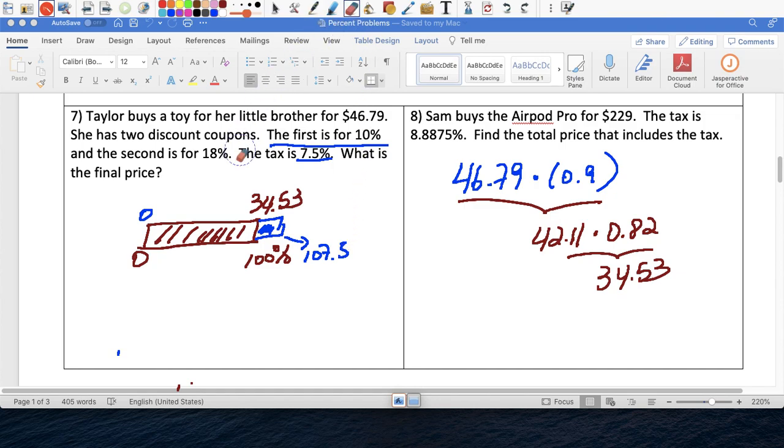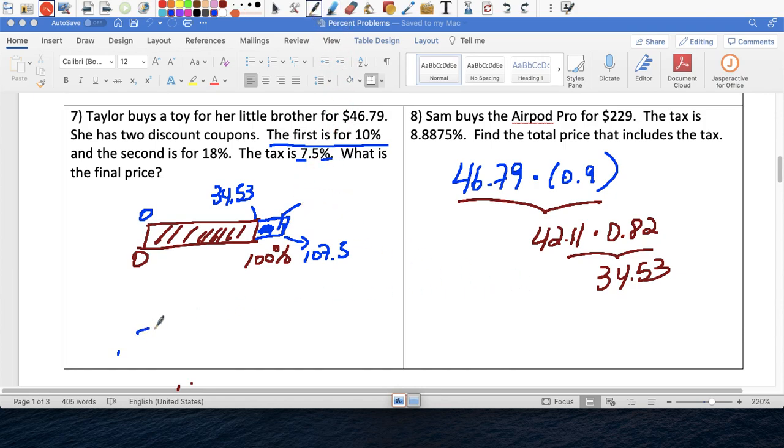Let me shift some of these numbers over here. So 100% of your toy now is $34.53, but you're missing this value. What's 107.5% of $34.53? That means it's the 100% that you were going to pay plus this 7.5%.